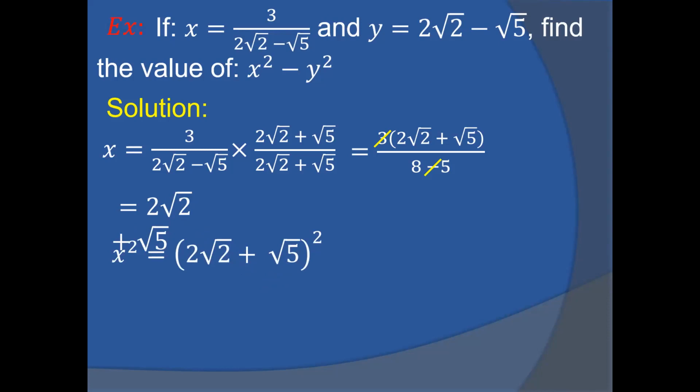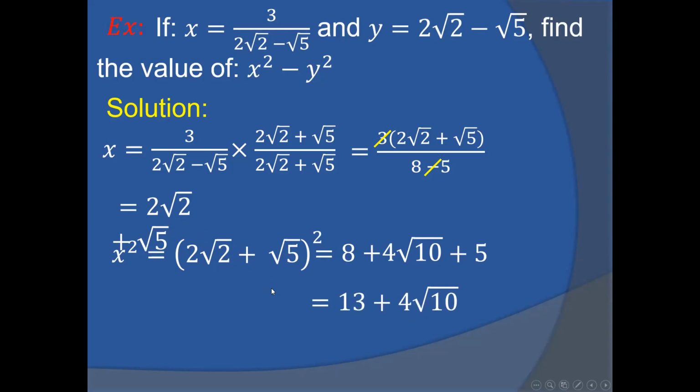He wants here x squared minus y squared. x squared equals 2 root 2 plus root 5, squared. 2 root 2 squared will be 8, root 5 squared will be 5. The middle term, 2 times 2 root 2 times root 5, will be 4 root 10.